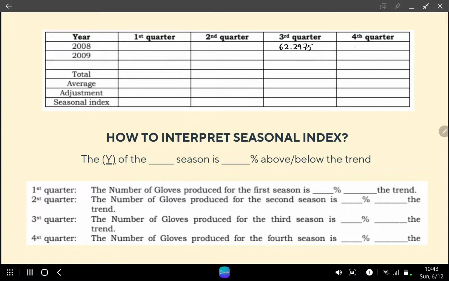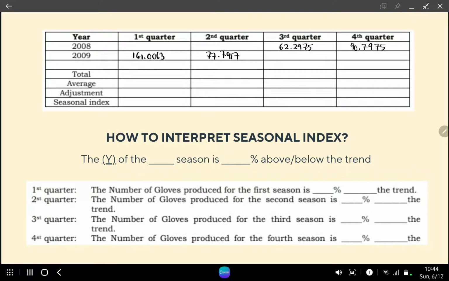And then for quarter 4 2008, 90.7975. And for the first quarter of 2009, the seasonal variation value that we calculated earlier is 161.0063. And for the second quarter, this value.